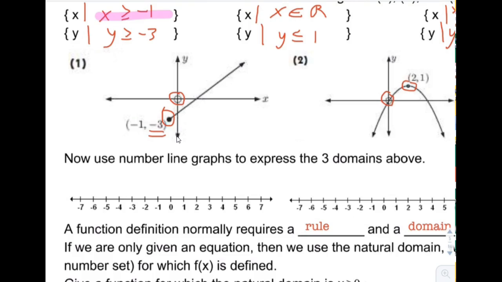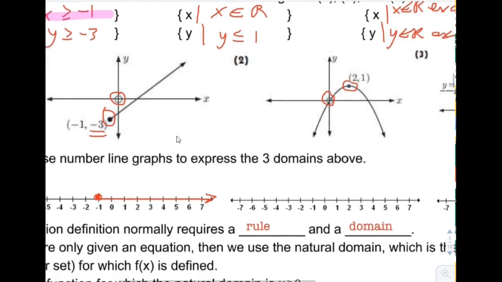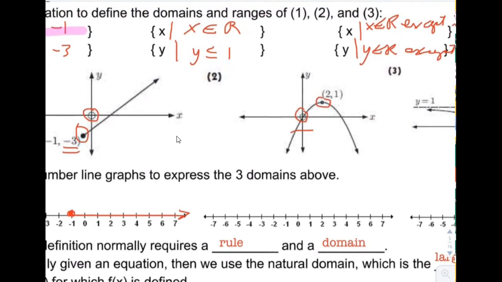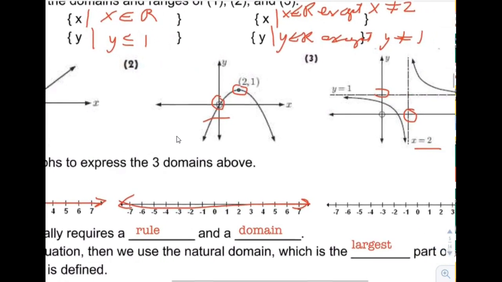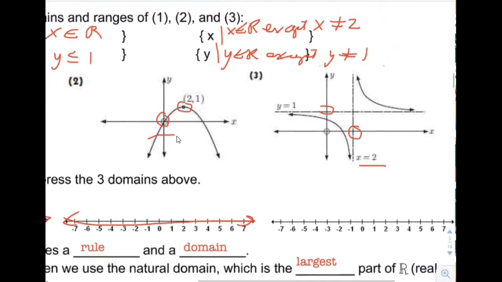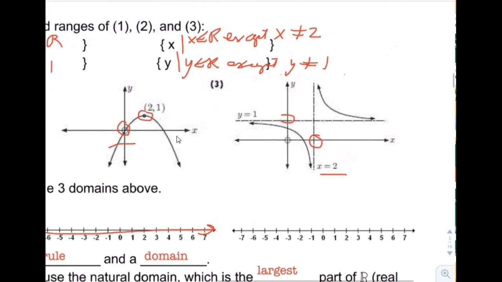So we're going to mark -1 with a closed dot, and then draw our red number line arrow to the right. The next one is all real numbers, so we're going to draw a red line all the way from left to right with arrows at the end. The arrows at the end indicate that they go on forever.